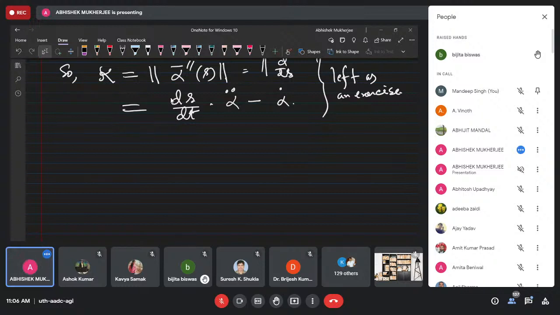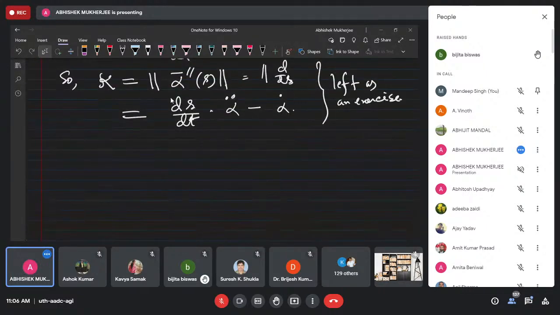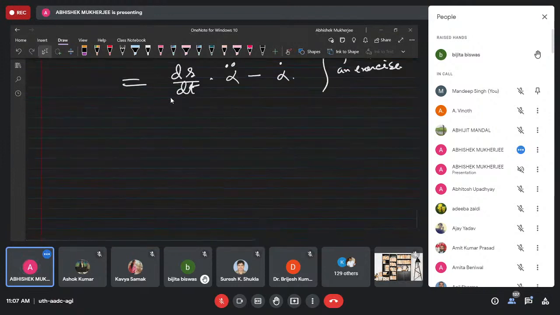Okay, then after defining this curvature for a regular parametric curve having arbitrary parameter, you can define the torsion for a regular parametric curve having positive curvature.